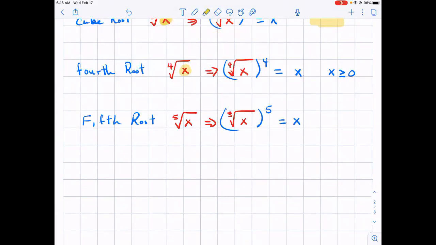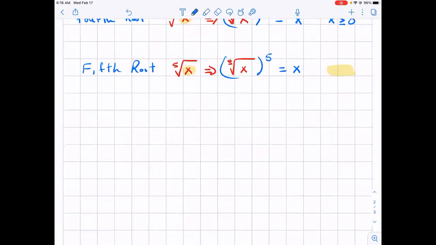And here, we don't care if x is positive or negative, so we don't say x has to be greater than or equal to 0. So the nth root of x, if we raise it to the n power, we get x.